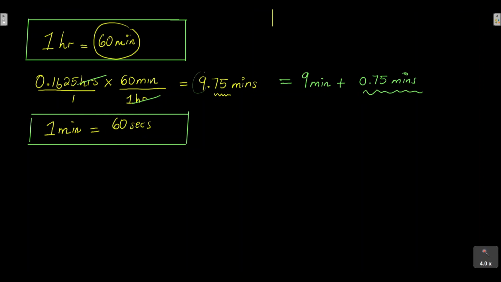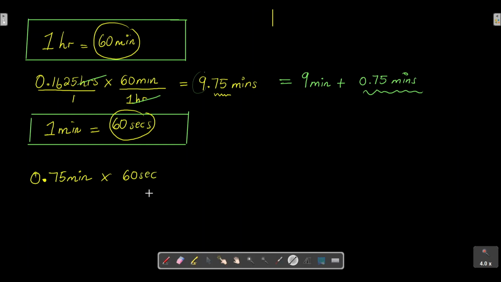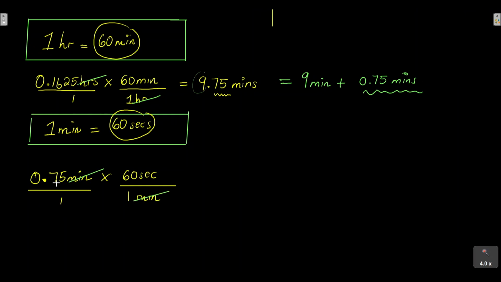So we want to convert these 0.75 minutes into seconds. How are we going to do that? We take that 0.75 minutes and multiply by what we want. We want the units in seconds, so multiplied by 60 seconds, divided by what you have, which is 1 minute. Here, do you see? Minutes cancel.